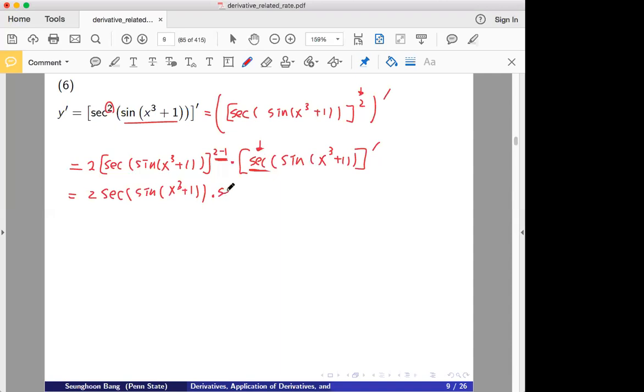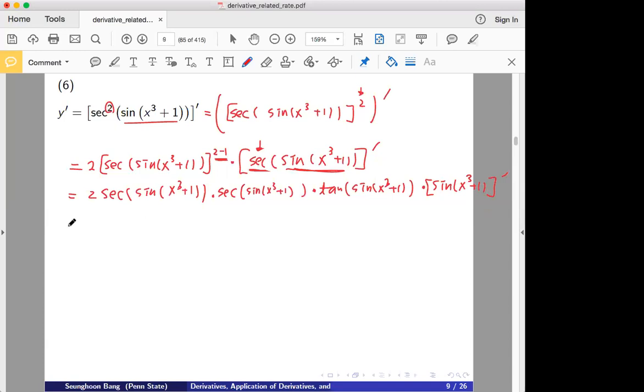So we have secant of the inner function sine of (x cubed plus 1), times tangent of the inner function sine of (x cubed plus 1), times the inner function prime: sine of (x cubed plus 1) prime.